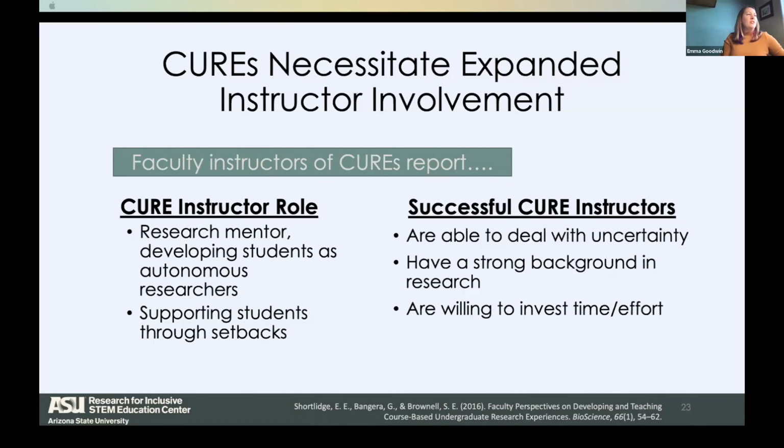And successful CURE instructors should be able to deal with uncertainty in terms of not knowing what's going to happen with research projects each day, should have a strong background in research, both the research topic at hand and also just generally the process of doing research. And especially when first developing or teaching a CURE, be willing to invest time and effort into the process.